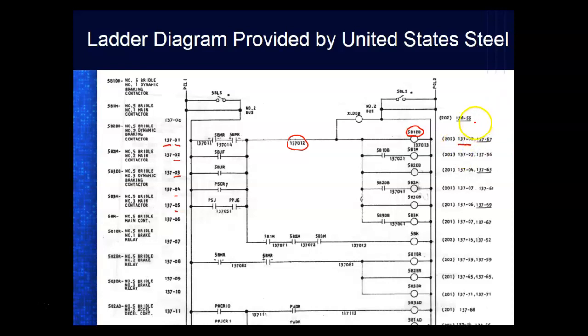It's 137-2. We don't need the 137 because that means it's on this page. Now what this is doing is telling us where the contacts controlled by this relay are. So if I come over here and look at line 2, and I start following it over, there's that contact right there.